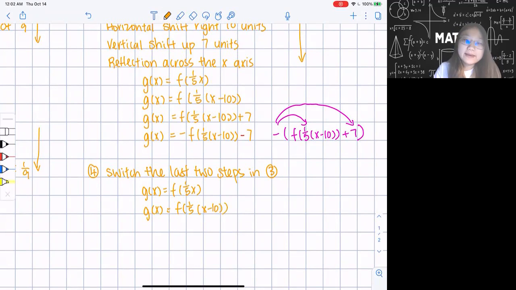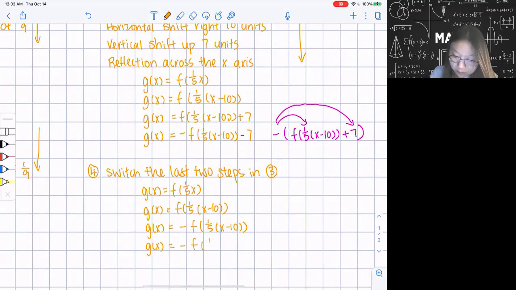But then if I have switched, the first thing I'm going to do is g of x equals negative f of 1/5 (x minus 10).